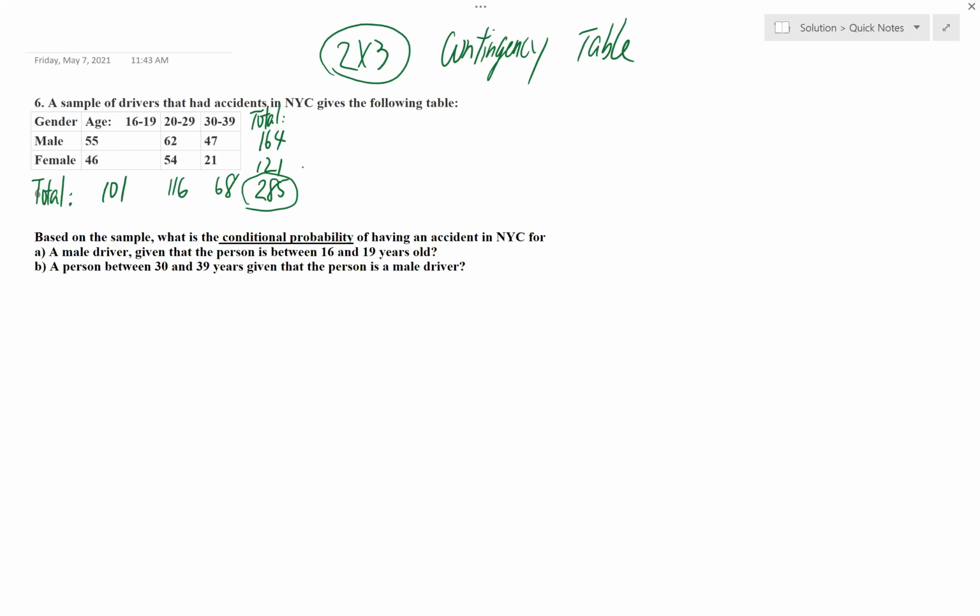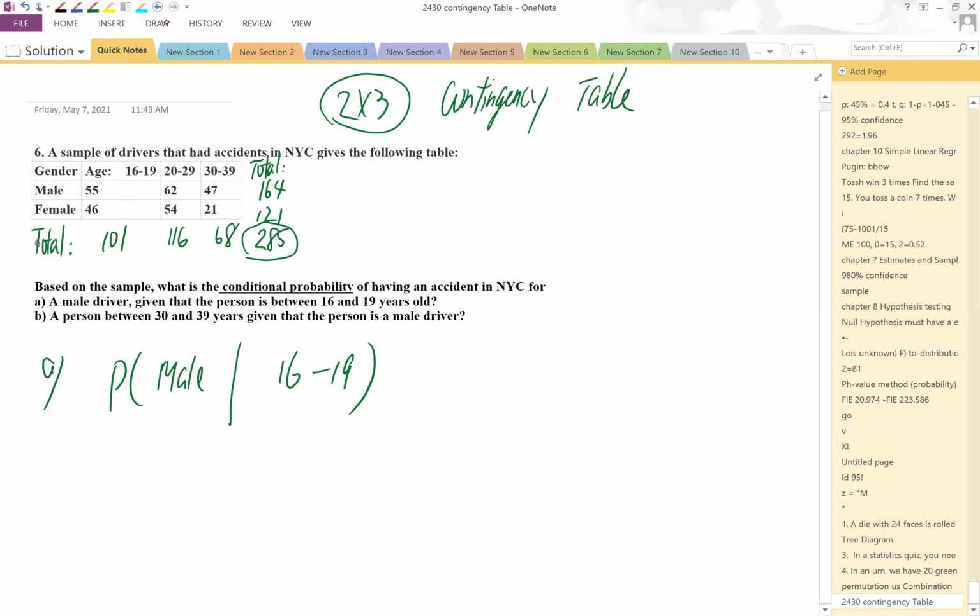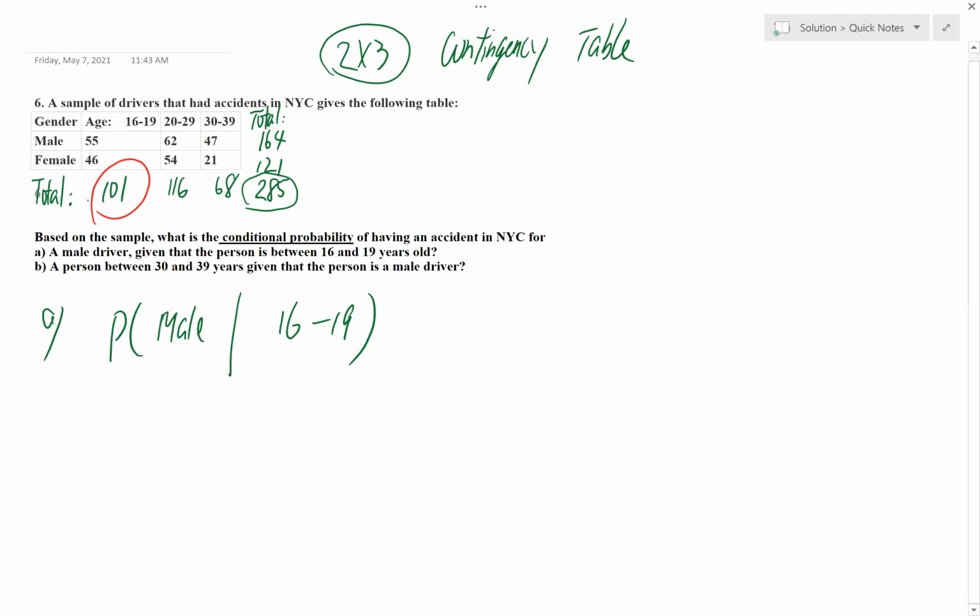And now they want you to find out the conditional probability of having an accident in New York City. So for part A, for a male driver, given the age group, so the probability of a male driver, given the condition that the age is between 16 to 19. So that means you're going to look into the total amount of people falling in the age group 16 to 19. And here we do notice that there are a total of 101 people in that particular group.